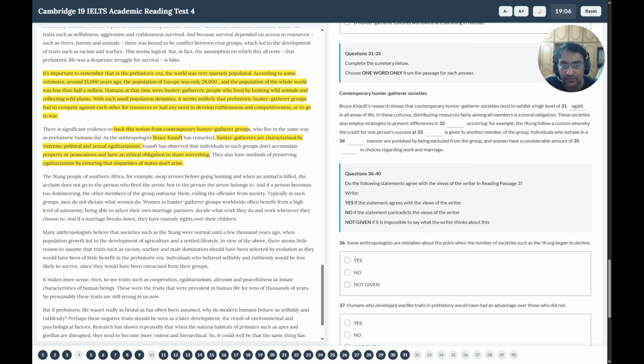Also employs strategies to prevent differences in status occurring.